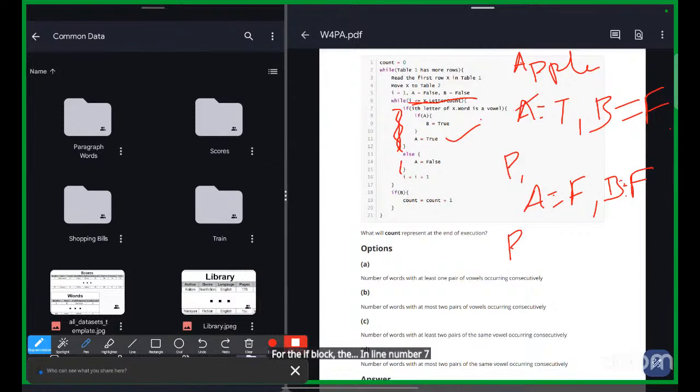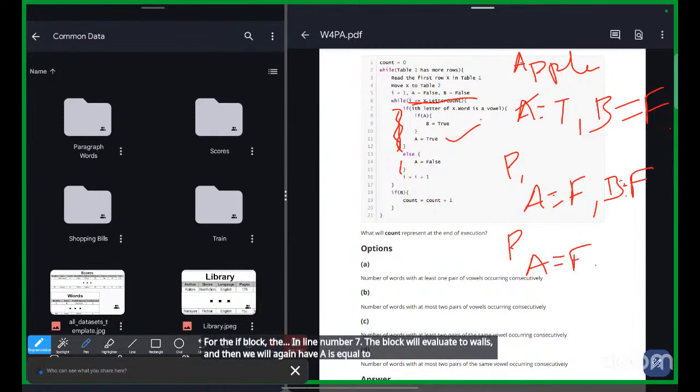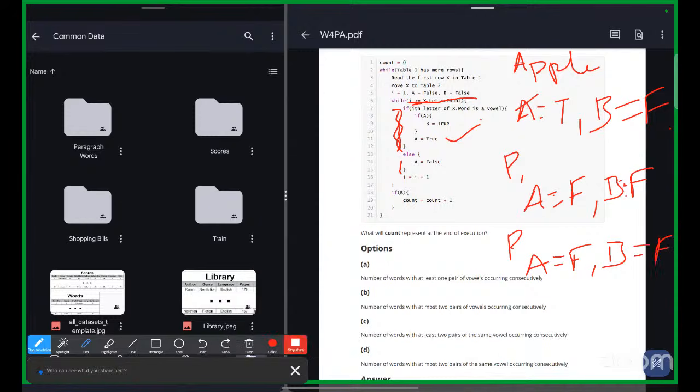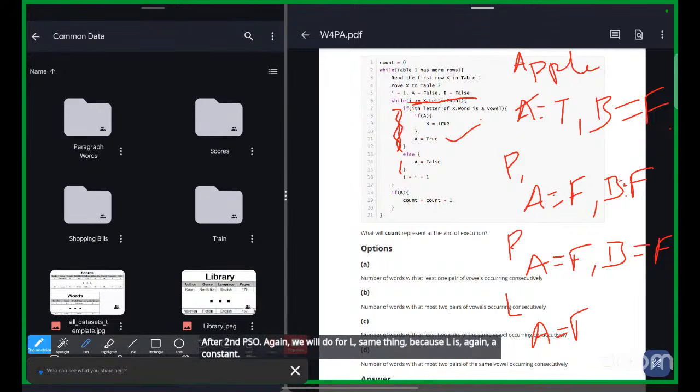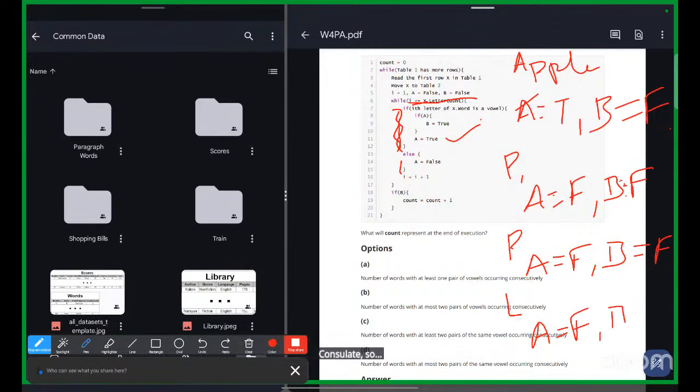It will evaluate to false, and then we will again have A is equal to F and B is equal to F. This will be the case after the second P as well. Again, we will do the same for L, because L is again a consonant.